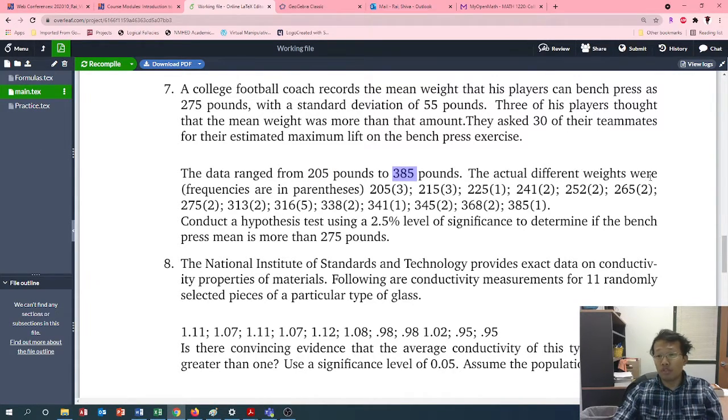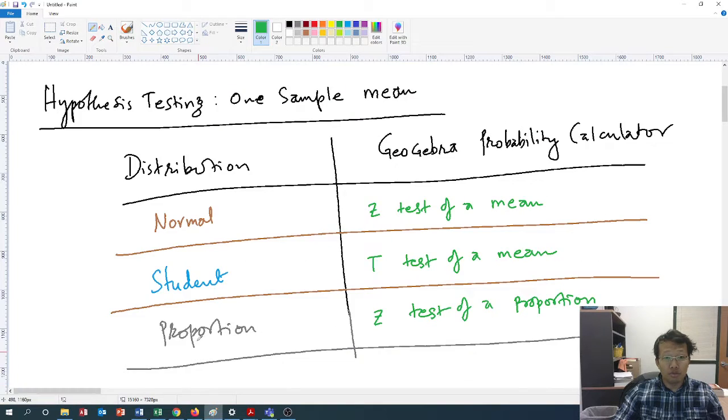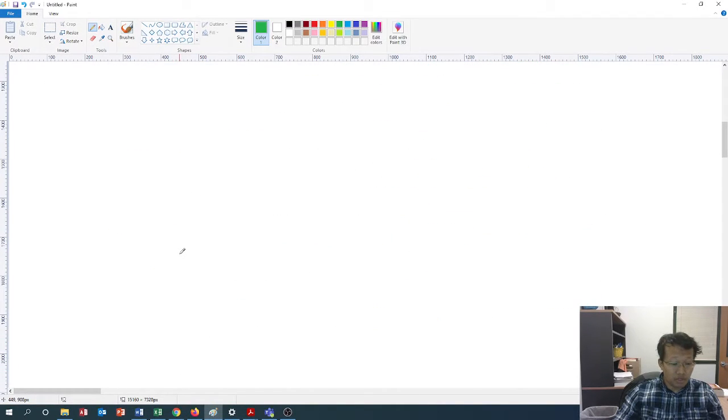The actual weights were, with frequencies in parentheses, 205 for 3 players, 215 for 3 players, and so on. Conduct a hypothesis test using a 2.5% level of significance to determine if the bench press mean is more than 275 pounds. So first of all, let us write down the hypotheses.